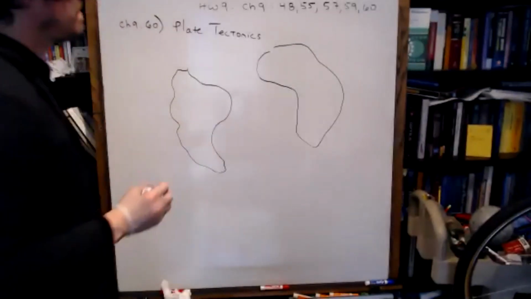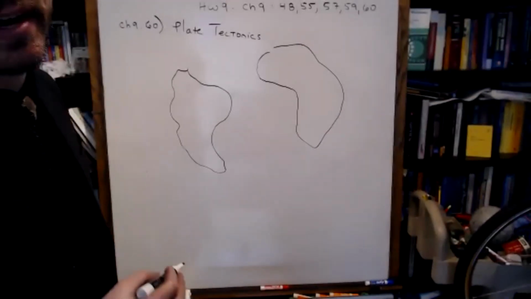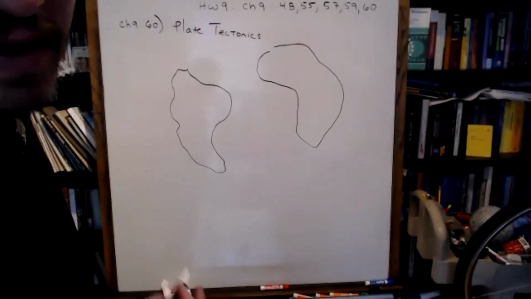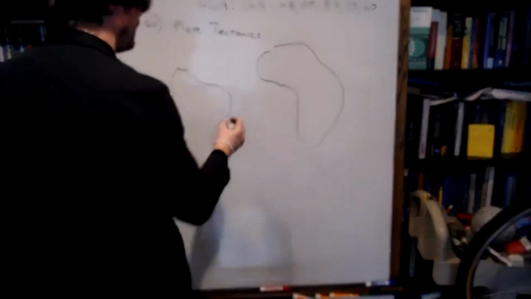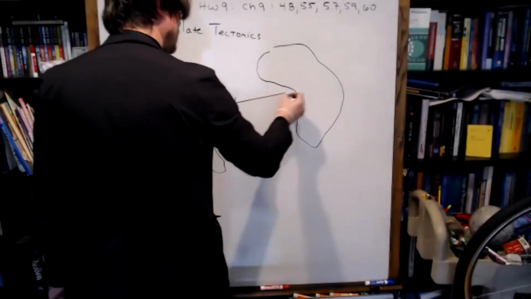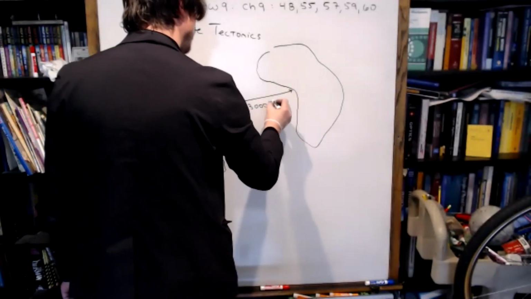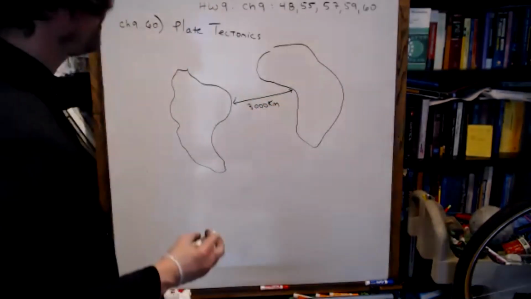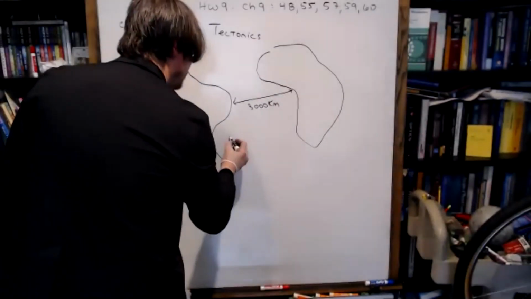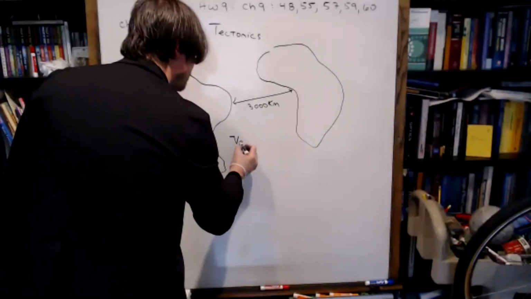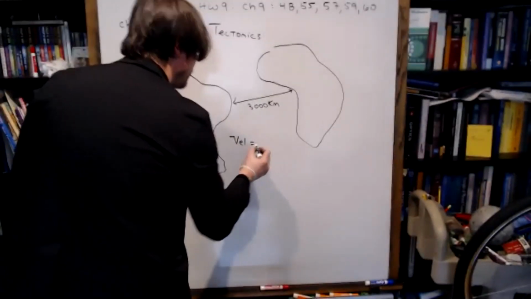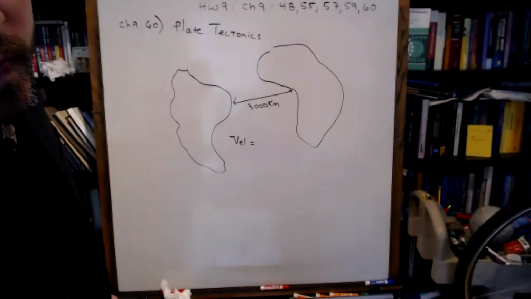Okay. This is me trying to draw Africa and South America and failing pretty badly. These two continents are maybe 3,000 kilometers apart, and the velocity of plate tectonics is, what did you say again?